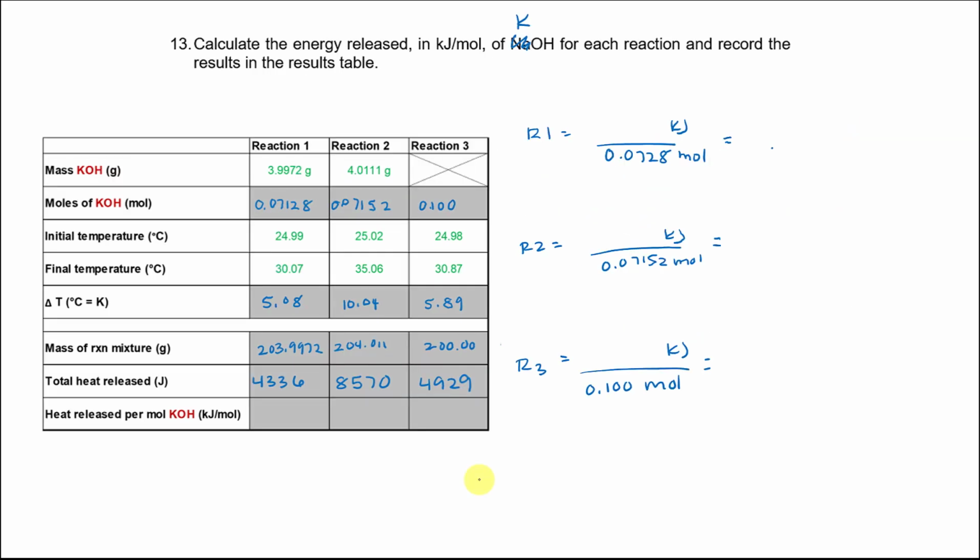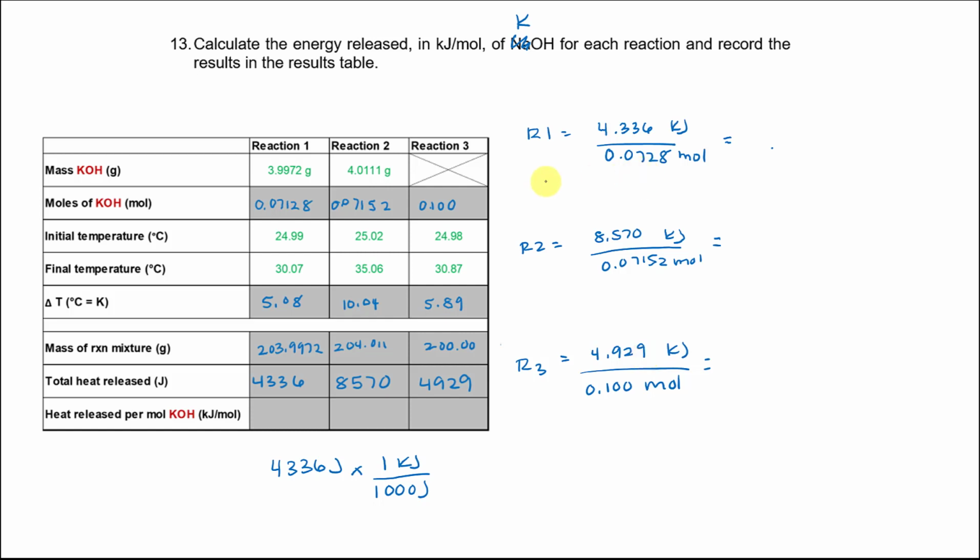So to do our energy released in kilojoules per mole for potassium hydroxide, we need to convert each of our joules of heat into kilojoules, and we'll do that by dividing by 1,000. So that's in joules. For every kilojoule, there are 1,000 joules. So you're going to set that up for each of them, and this ends up being 4.336, 8.570, 4.929 kilojoules.